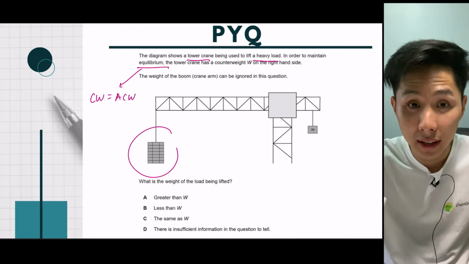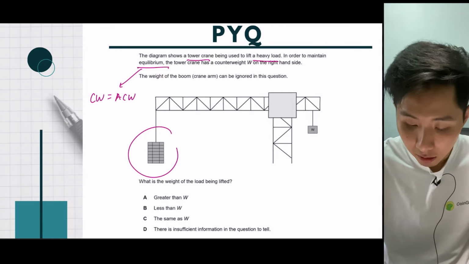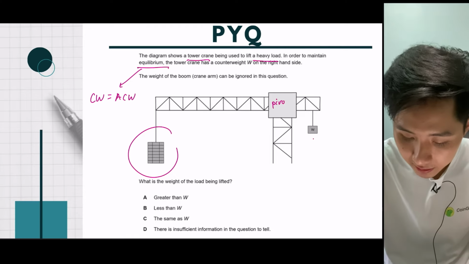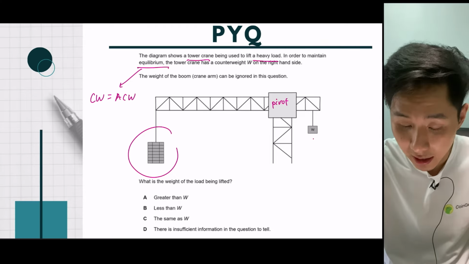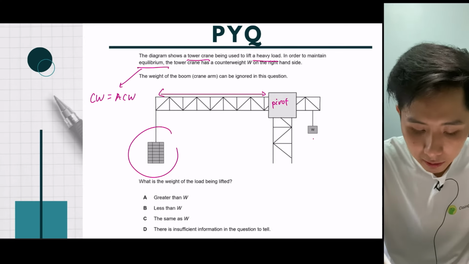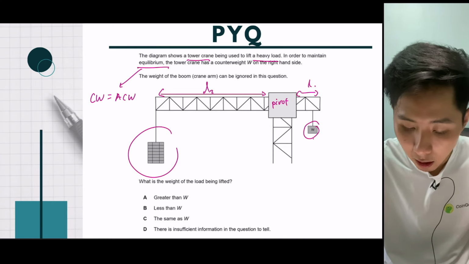So now we know that clockwise moment has to be equal to anti-clockwise moment. Now, you can see that this is the pivot, because that's where everything turns. And the distance between the pivot and the load, L2, let's call it L2, is a lot greater than the distance between the counterweight and the pivot.